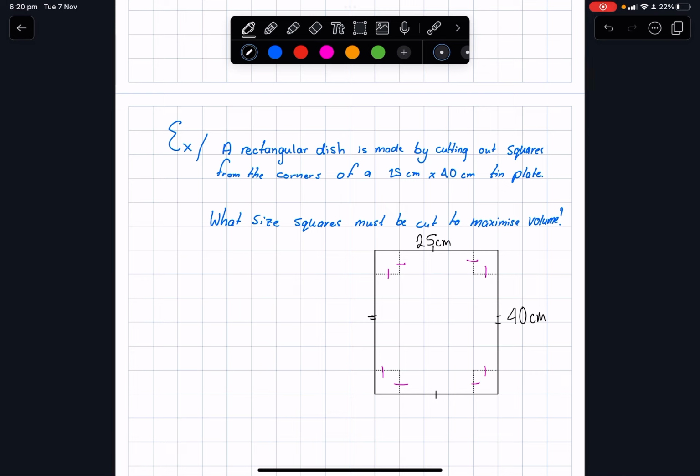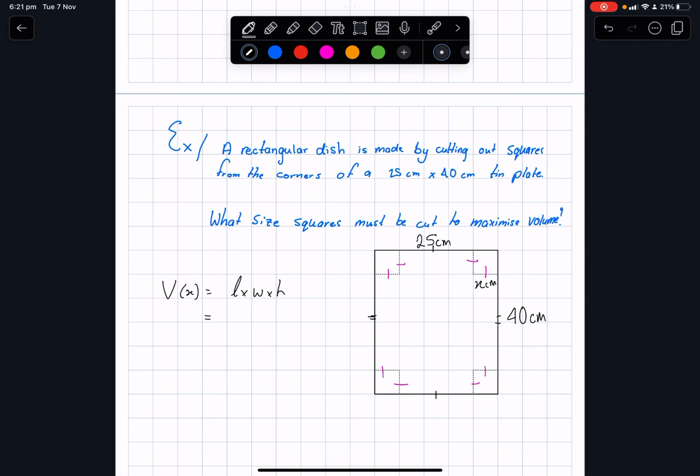Now, we want to maximize volume. One thing we probably need to do first, though, is assign a value to these cutouts. So let's call them x centimeters. Now, because we want to maximize volume, we need to create an equation that represents volume. So V with respect to x. Now, volume is length times width times height.